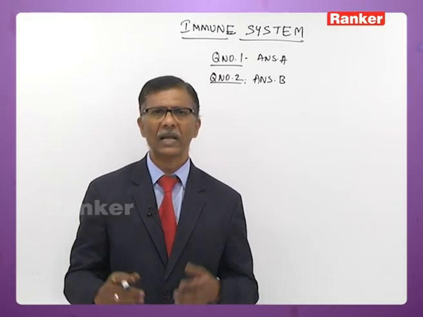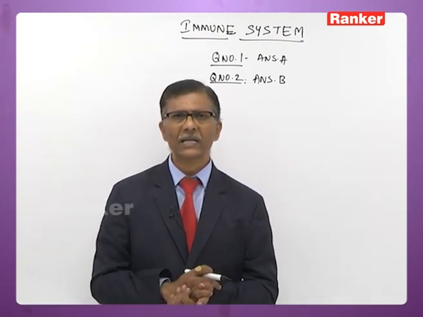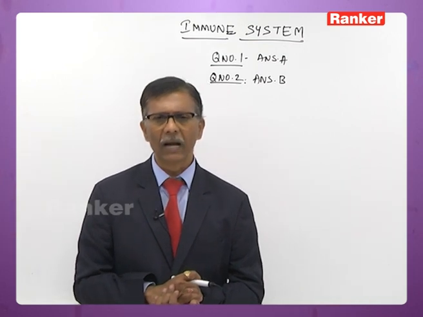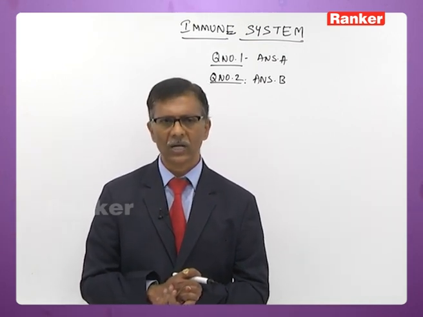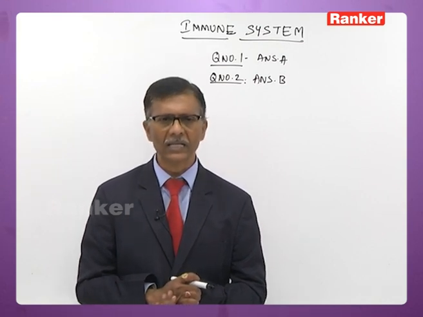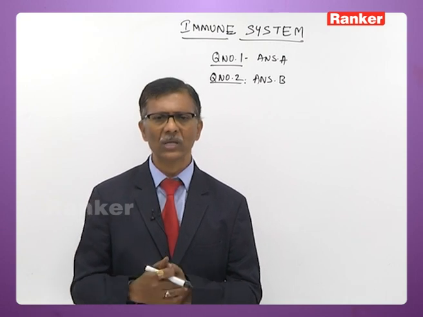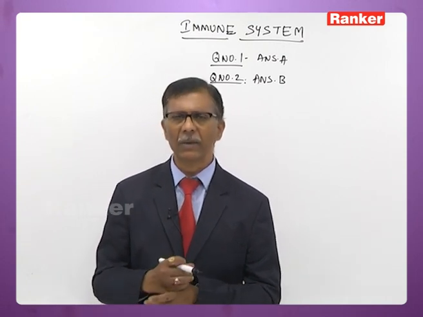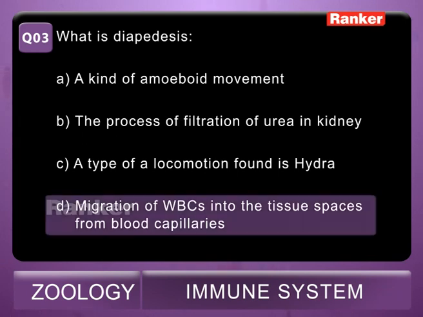Whenever there is inflammation or infection in the human body, the WBCs squeeze themselves and come out of blood capillaries to fight against foreign particles. So the correct answer is D.